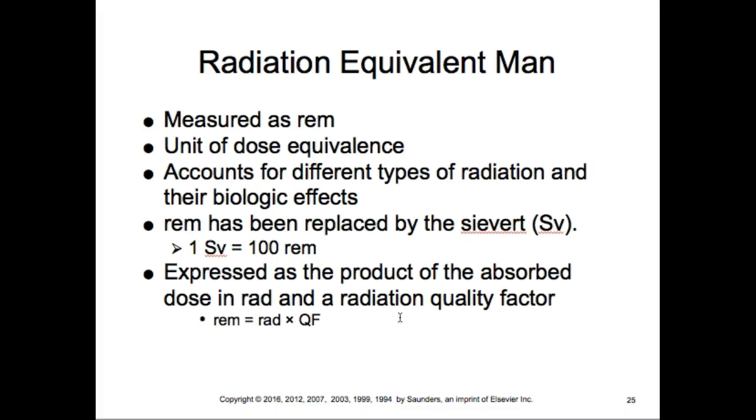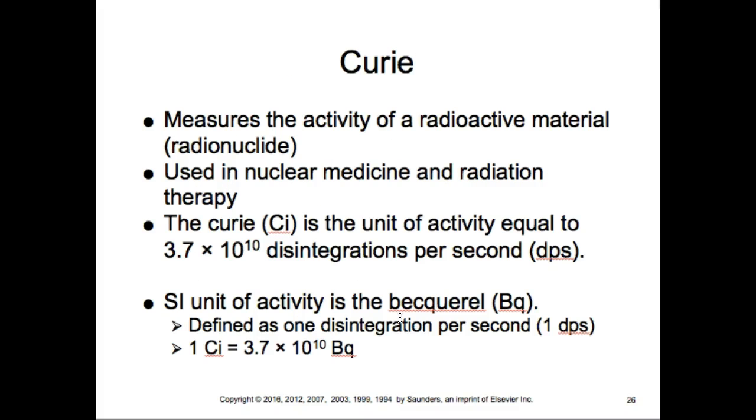I've actually put a call into them to have the radiation badges read out in sieverts. So it's a process. 1 sievert equals 100 rem, expressed as the product of the absorbed dose in rad and a radiation quality factor. So the rad times the quality factor is the rem.